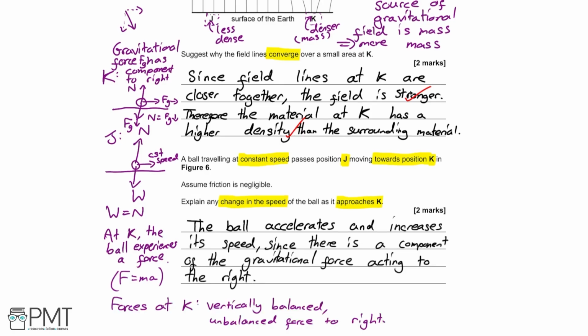In this question, we got 1 mark for stating the effect on the motion of the ball, in other words, that it accelerates, and we get our 2nd mark for explaining why, because there's a component of the gravitational force acting to the right.